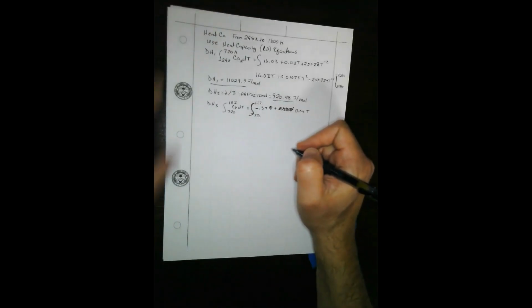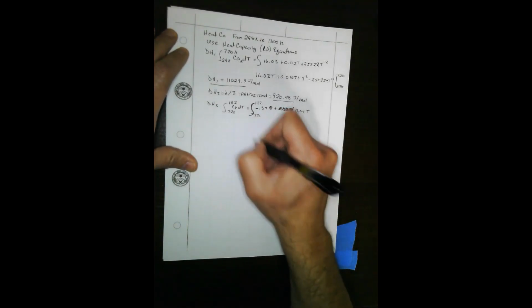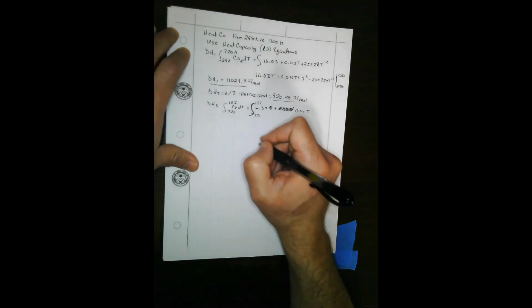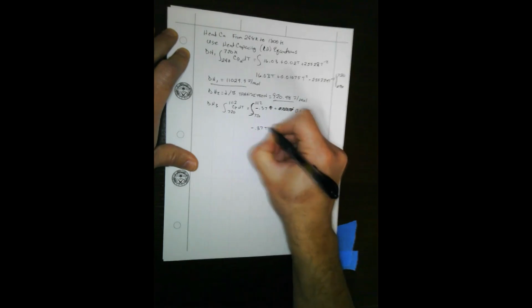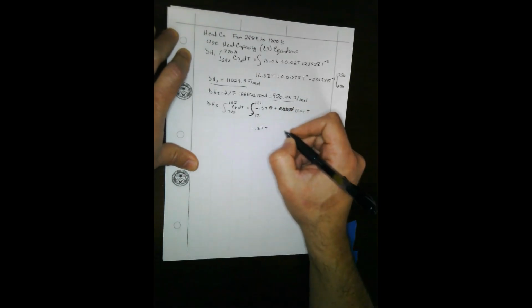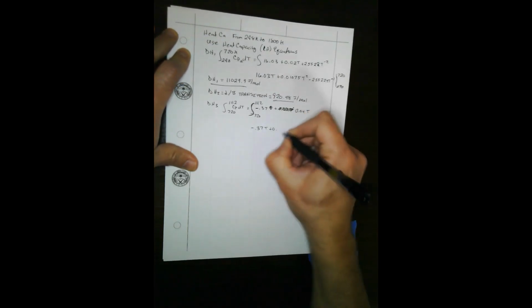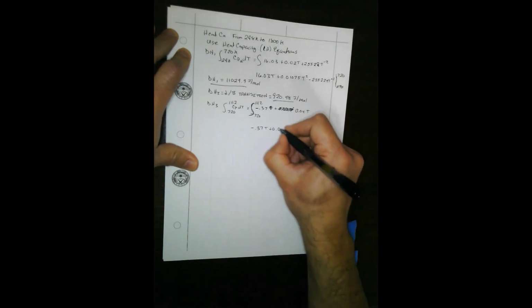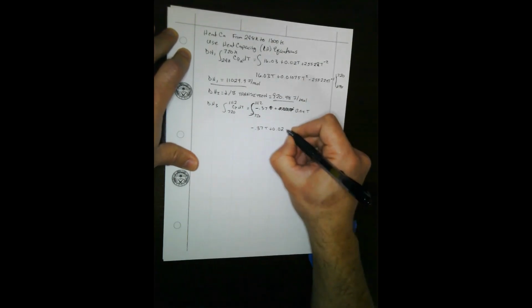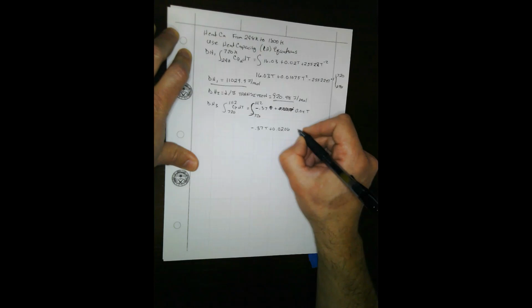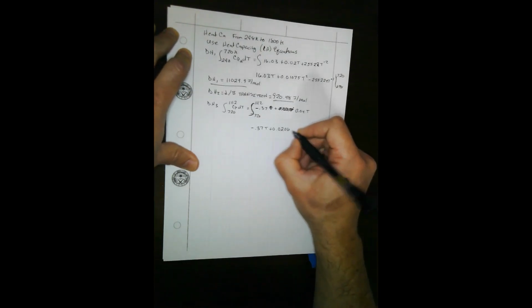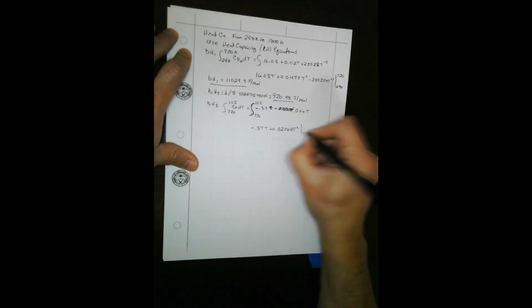So it's a smaller equation, and we're going to end up calculating 0.0206 T squared over this interval.